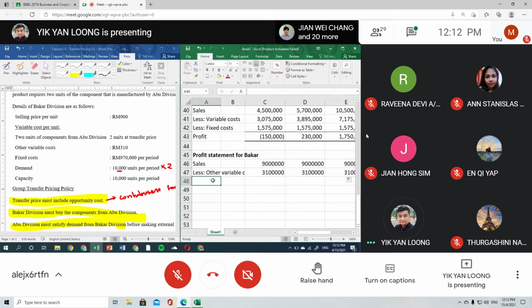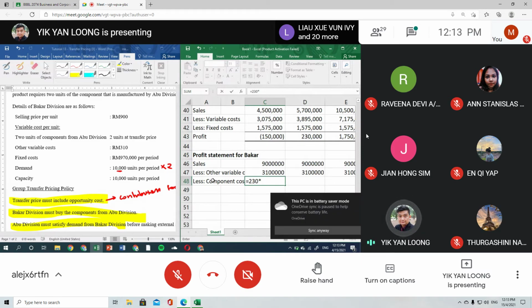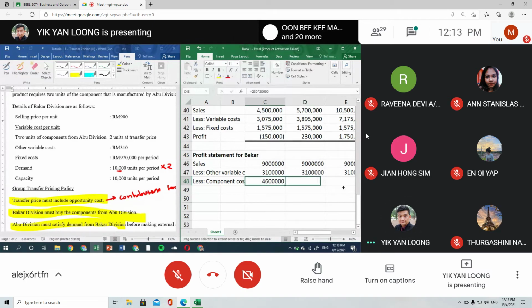Then you need to less component costs. You go buy 230 from an external customer, and the total component that you need will be units.